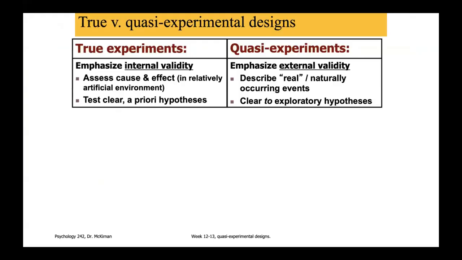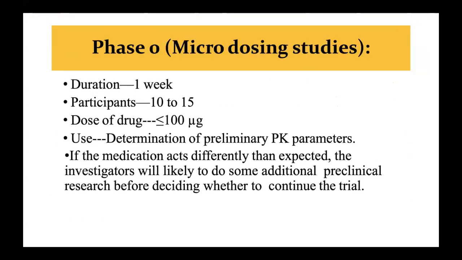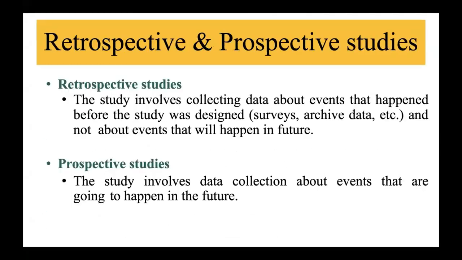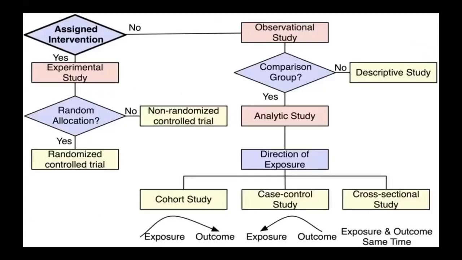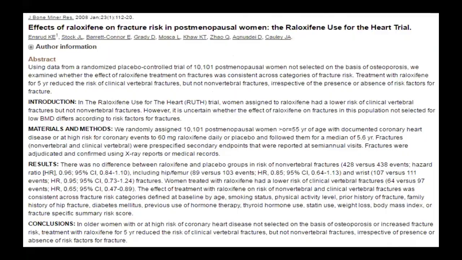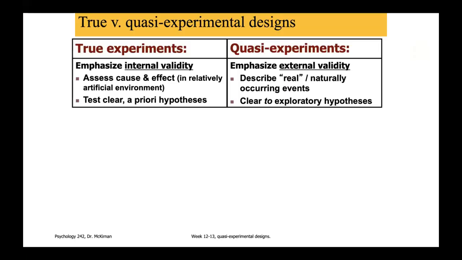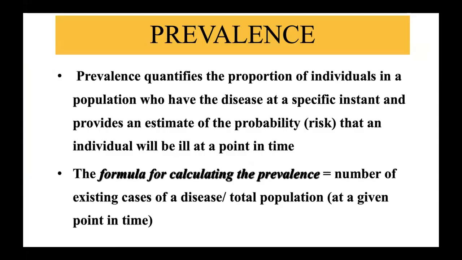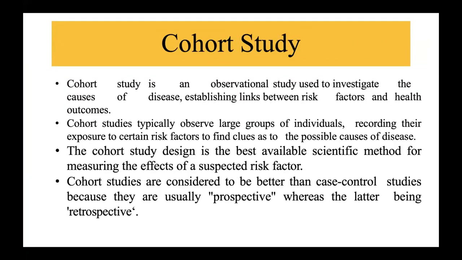If you go back, this is the cohort: there is exposure and you want to see the outcome. In case control, there is an outcome and you want to see the exposure. These are two important things to understand between these. So this is the cohort study.